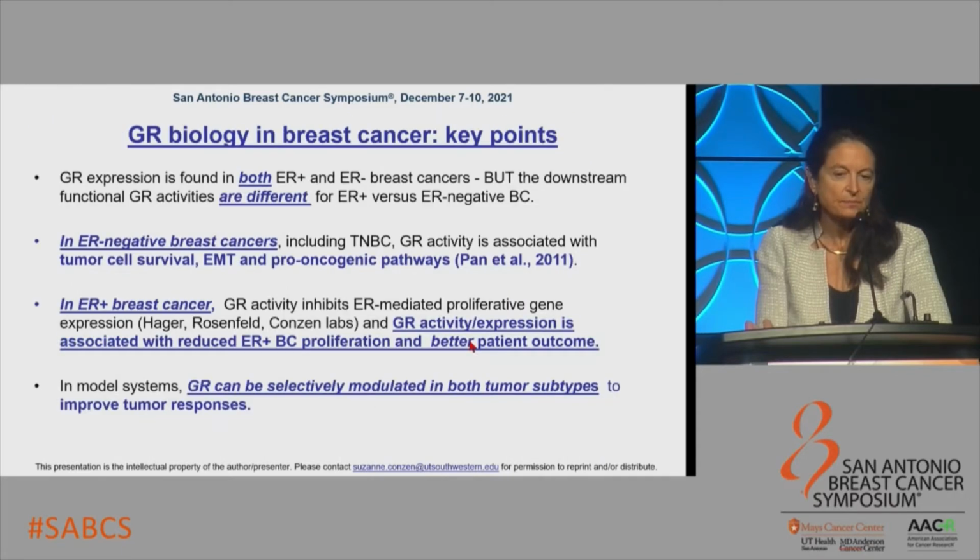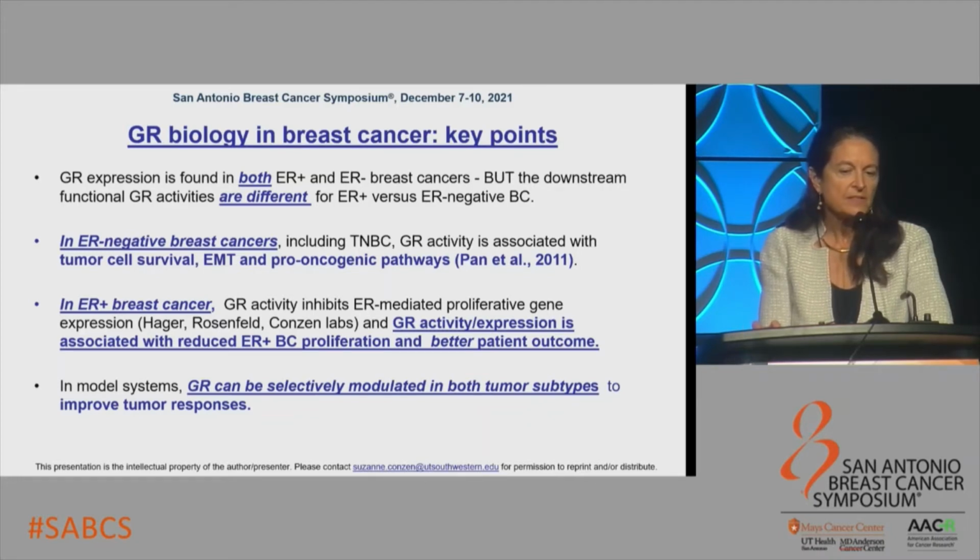The key point I want to make today is that while you may not have heard much about it, glucocorticoid receptor expression is actually found in a subset of both estrogen receptor positive and estrogen receptor negative breast cancers. But what's interesting is that the downstream functional GR activities, which are mostly transcriptional changes, are different depending on estrogen receptor.